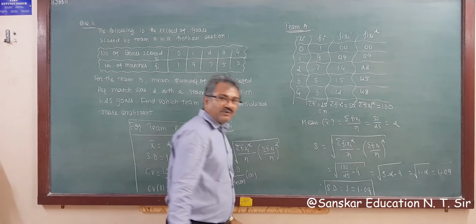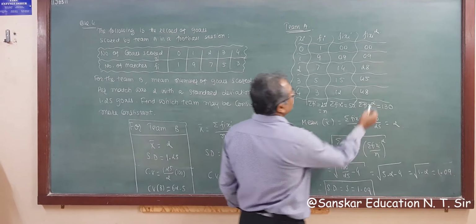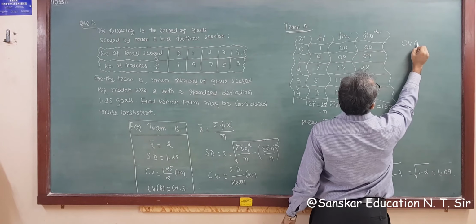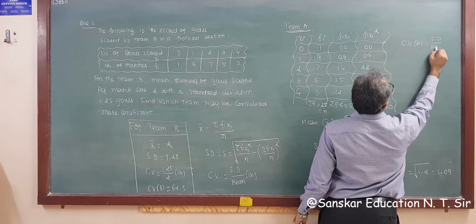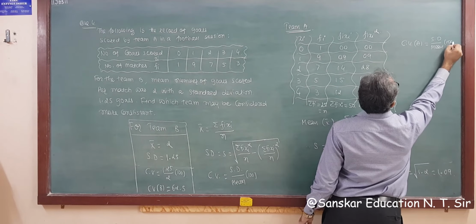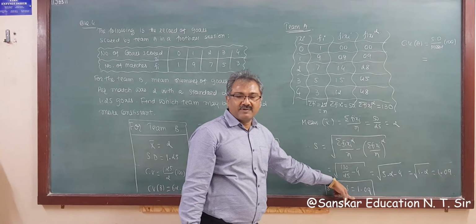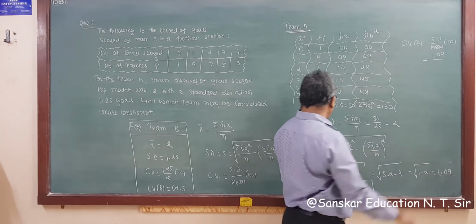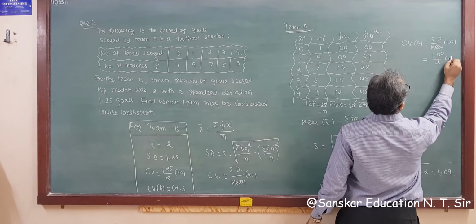So now what we have to do? We have to find out CV for team A. So CV for team A is equal to standard deviation upon mean into 100. Standard deviation is 1.09, mean is again same, 2, and into 100.